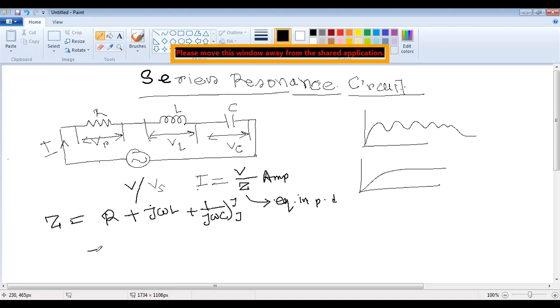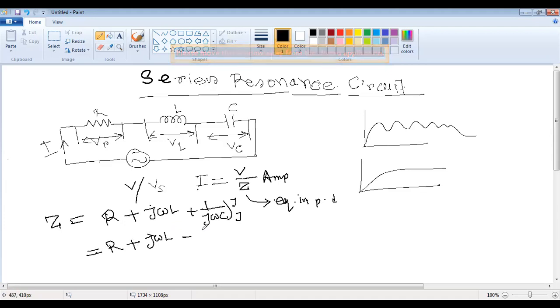What happens then? Z equal to R plus j omega L. This would be minus j, because j times j gives minus, then omega C.